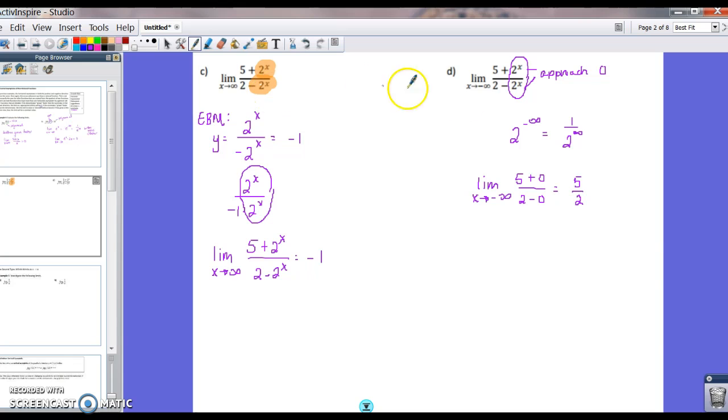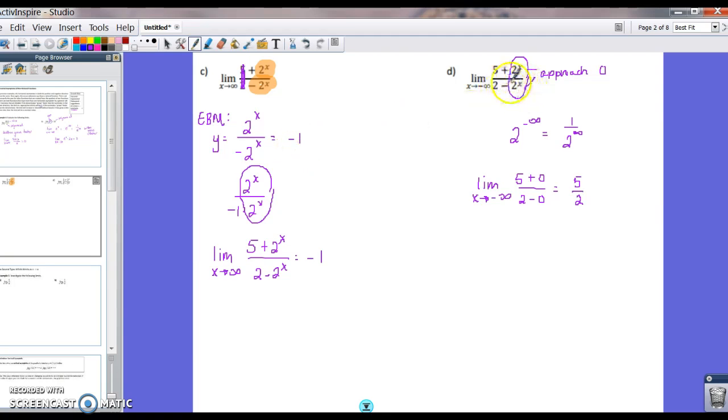So again, look at what's going on here. 2 to the infinity, in letter C, gets closer and closer to infinity. Negative 2 to the infinity gets closer and closer to negative infinity. So basically the 5 and the 2 become insignificant because I'm going to positive infinity in the top, negative infinity in the bottom, and that's what creates that negative 1.